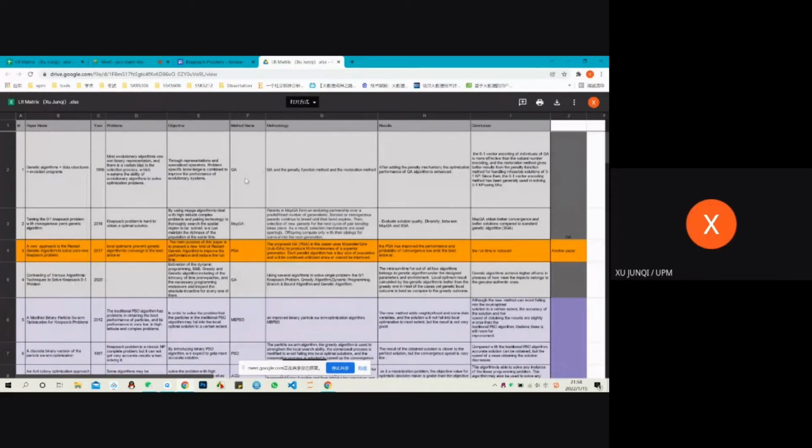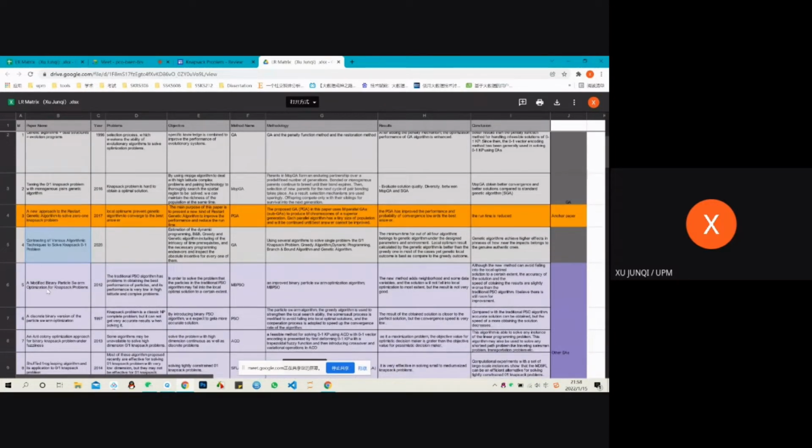Okay. We have searched for a total of 10 papers. Papers 1 to 4 were on the GA algorithm, and papers 5 to 6 on the particle swarm optimization algorithm.